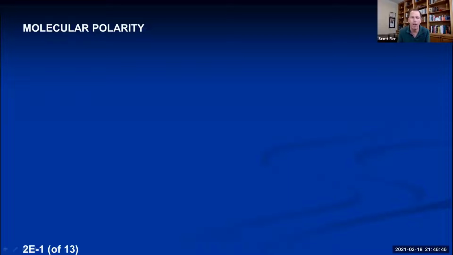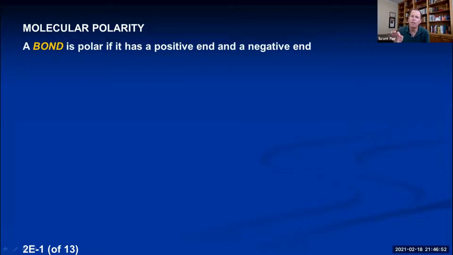That bond will therefore have a positive end and a negative end, and thus it's called a polar bond. So a bond is considered polar if the bond has a positive end and a negative end, and this is due to one of the atoms having a greater attraction for the shared electrons, so it pulls the shared electrons towards it, and it becomes negative, and then while that happens, the other side of the bond becomes positive.